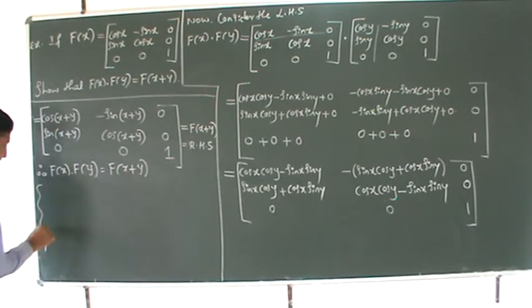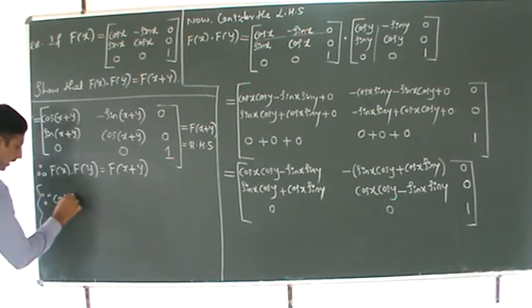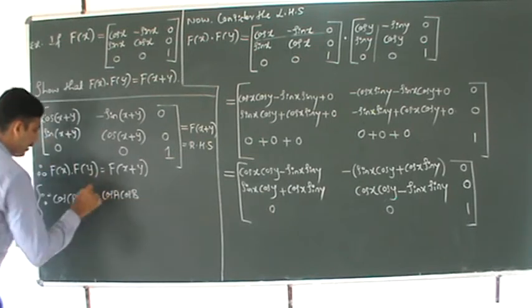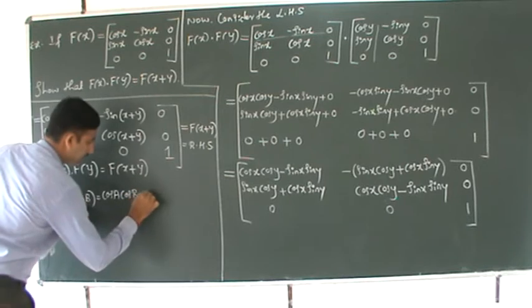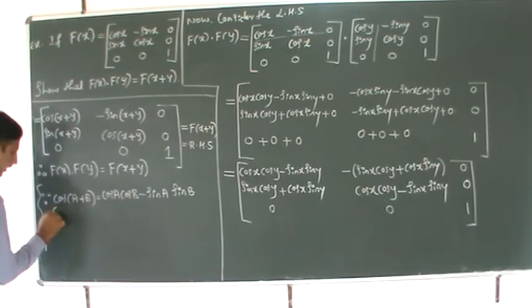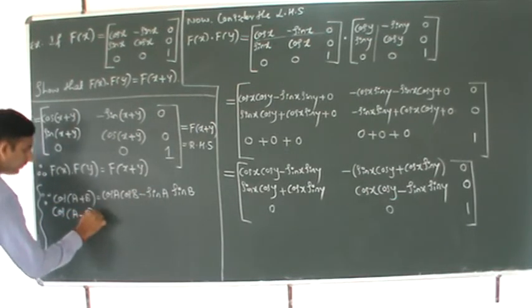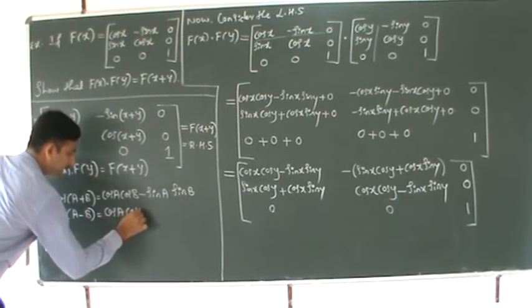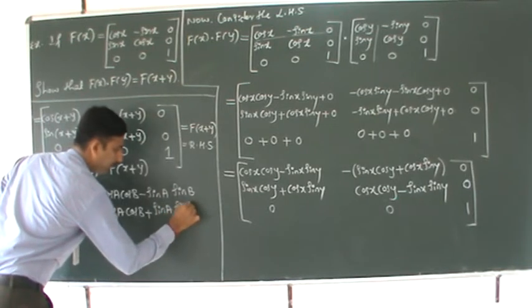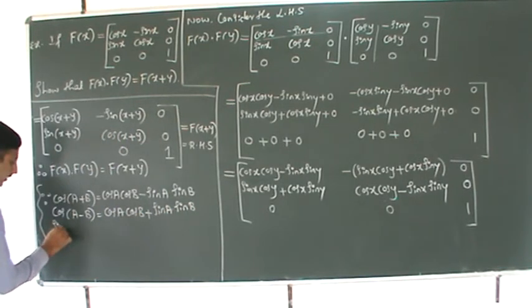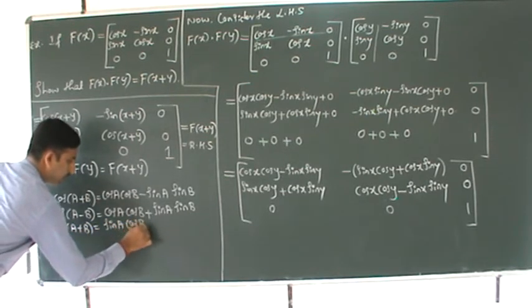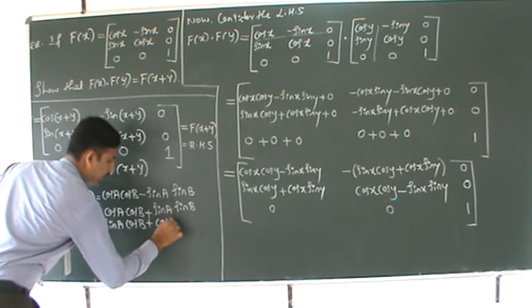If you wish, you may take the formula cos of a plus b, which is equal to cos a cos b minus sin a sin b. Cos of a minus b is equal to cos a cos b plus sin a sin b. Just to remember, sin of a plus b is equal to sin a cos b plus cos a sin b.